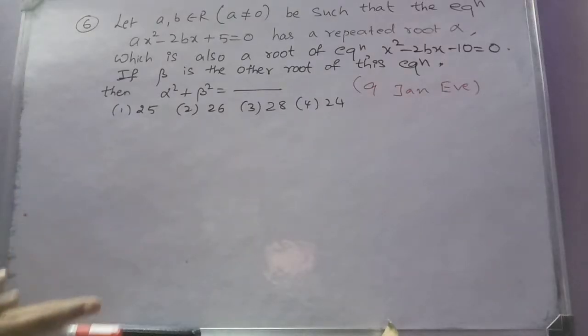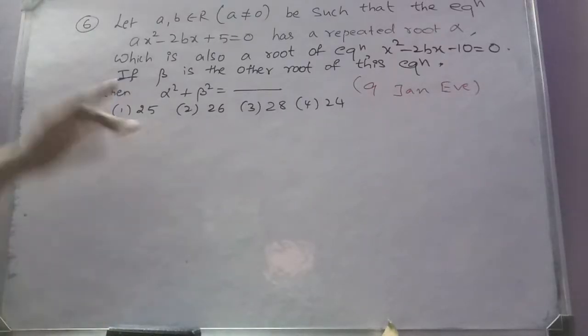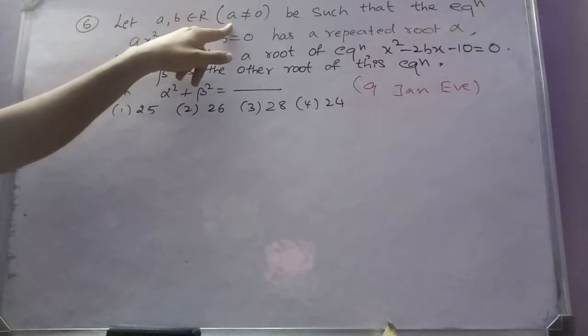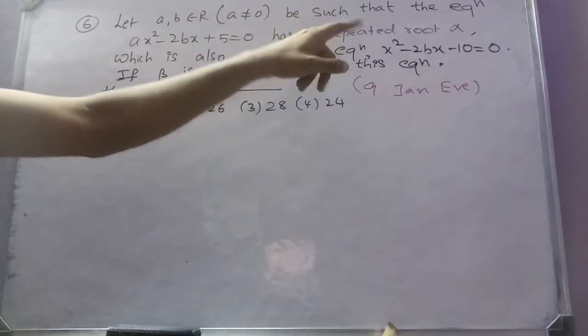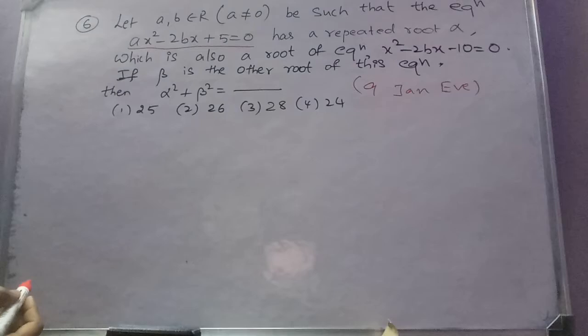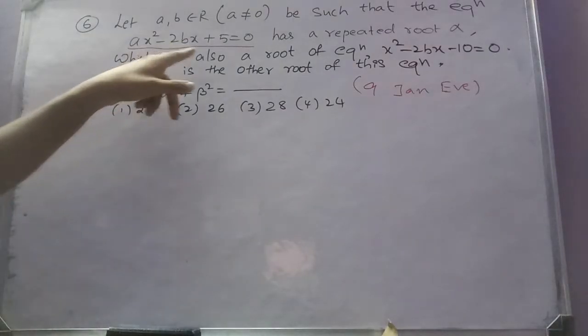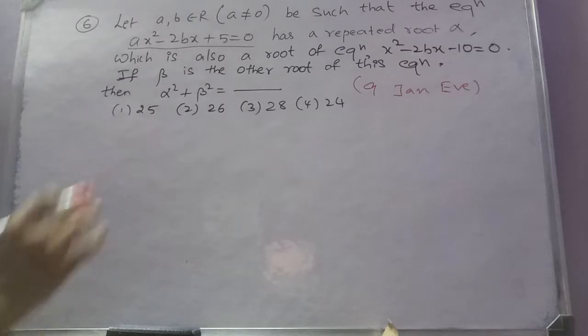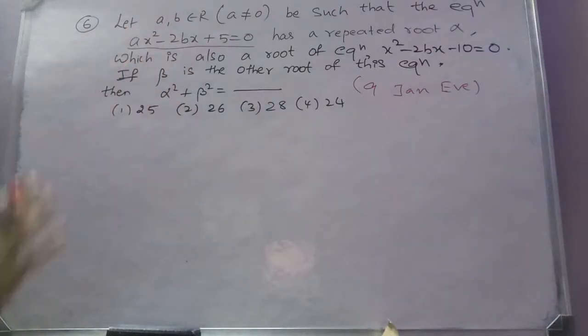Here is our sixth question, the continuation of part 1. Let a, b be real numbers where a is not equal to 0, such that the equation ax square minus 2bx plus 5 equal to 0 has a repeated root alpha. Which means both the roots of this equation are same.